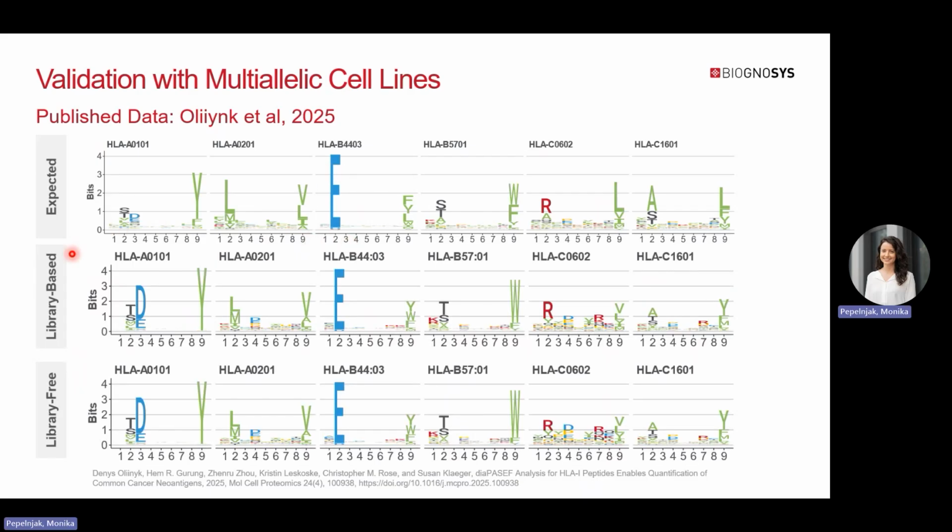Looking at our results for library-based and library-free analysis, you can see that firstly, the two searches agree with each other quite a lot. So we get very similar motifs between the two searches, but we also see very similar results to what we would expect these alleles to look like. So even though we identify way more in directDIA, we can still recapitulate the same biology.